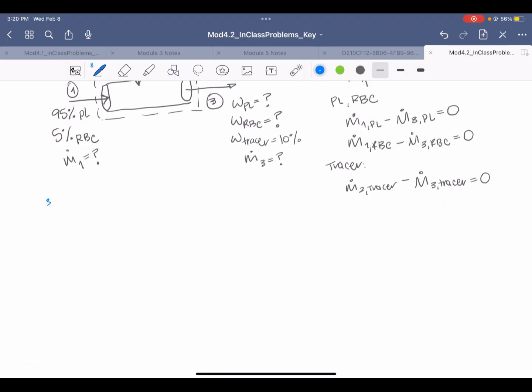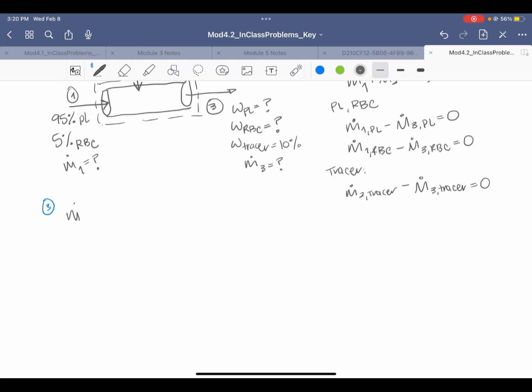Okay, so for the tracer, I'm going to go ahead and write these. So basically, this is what we have. And as usual, we can rewrite the right-hand side as the mass fraction times the total mass flow rate, right?